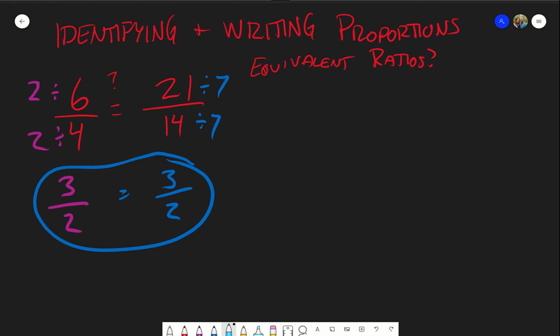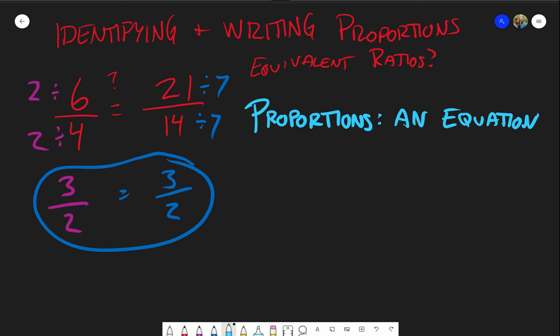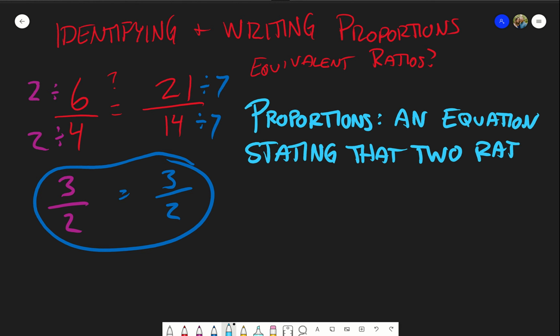And then knowing that equivalent ratios exist, we now have proportions. And a proportion is an equation stating that two ratios are equal.